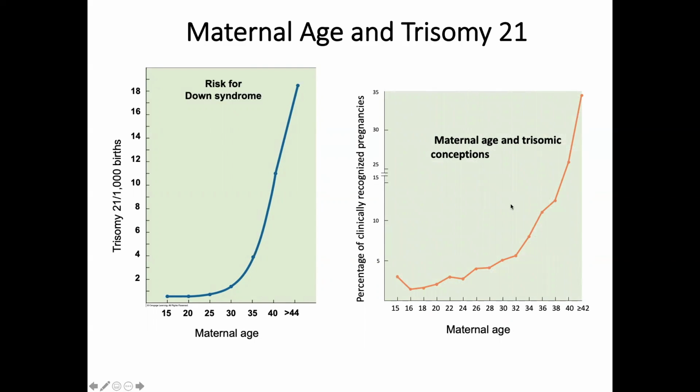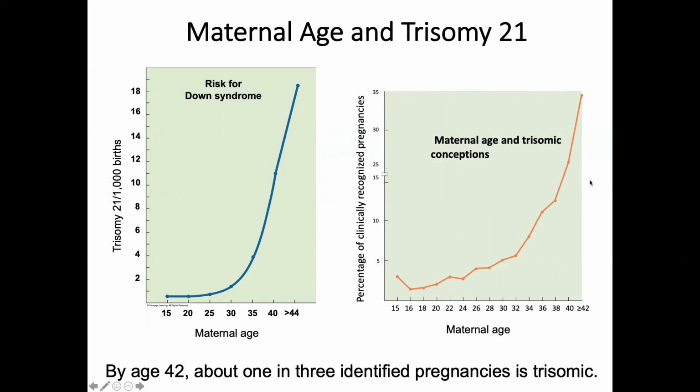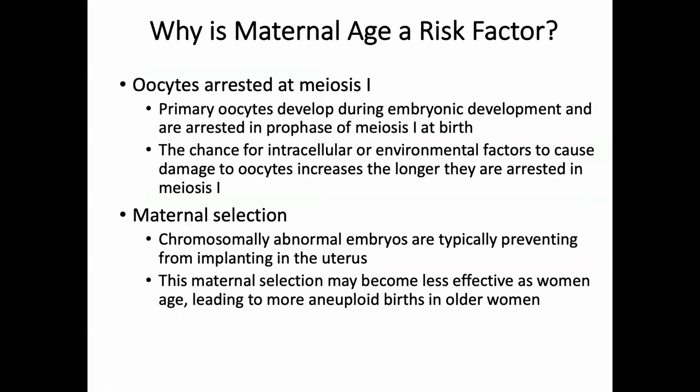Showing here is the frequency of trisomic conception at different ages of the mother. By age 42, about 1 in 3 identified pregnancies is trisomic. Very, very high.